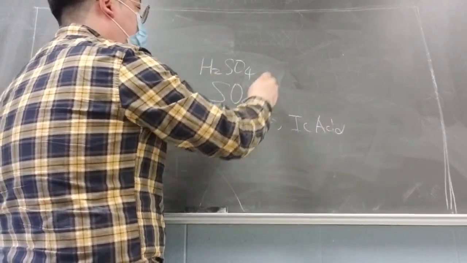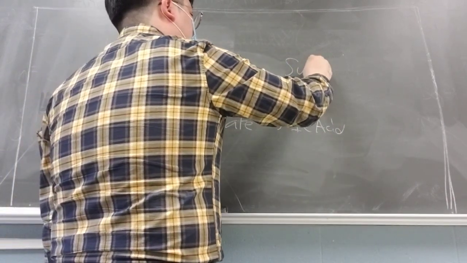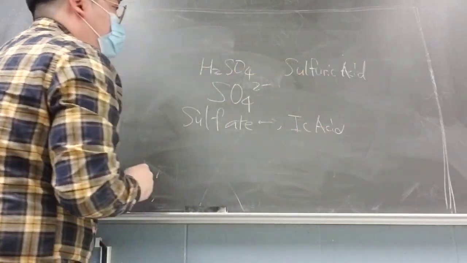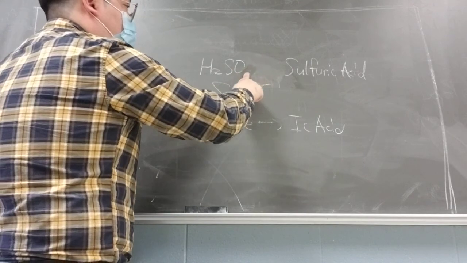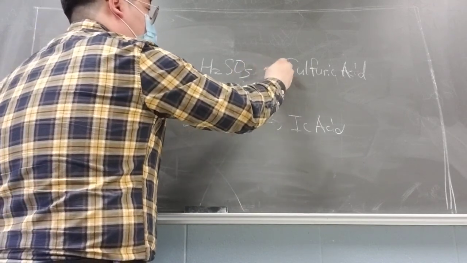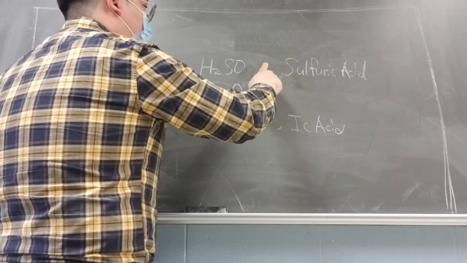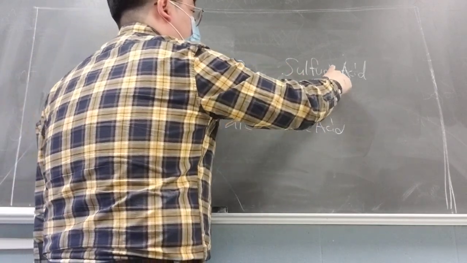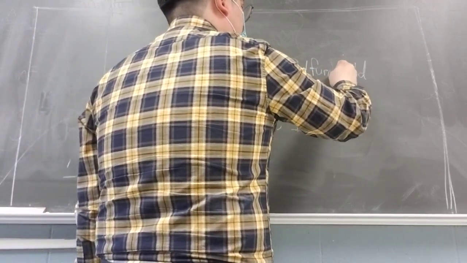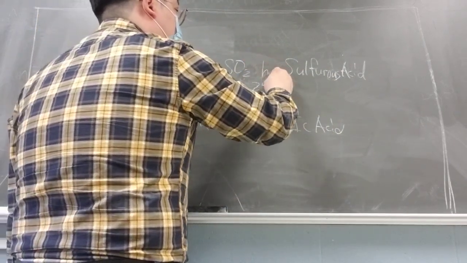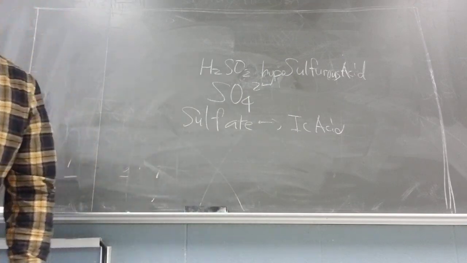So it's going to be sulfuric acid. But if we change it to the one higher, it will be persulfuric acid. If it's the one lower, it will be sulfurous acid here. Even lower than that will be hyposulfurous acid. It's the same.